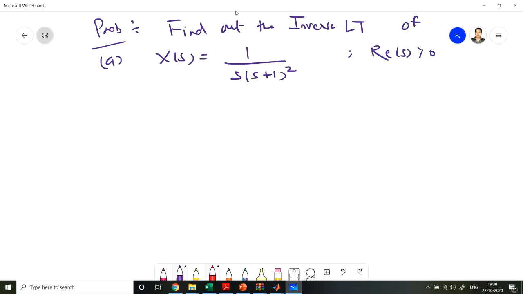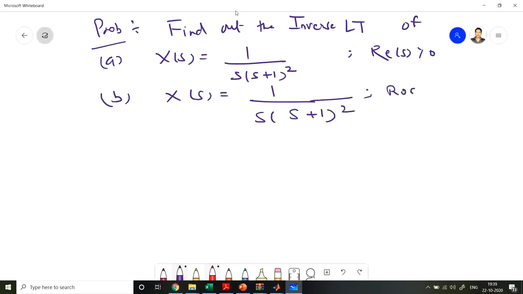So the ROC is provided and the signal is also there. Now the second part is X(s) equals 1 divided by (s plus 1) whole square, and the ROC is given, that is -1 less than real part of s less than 0.